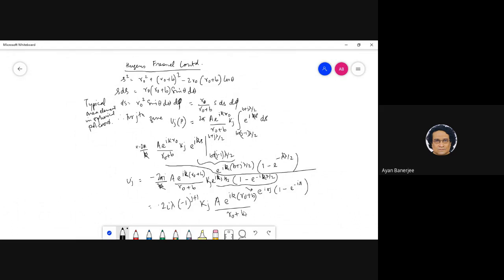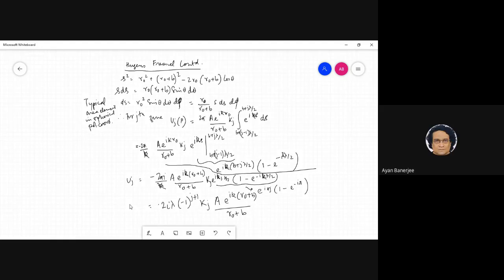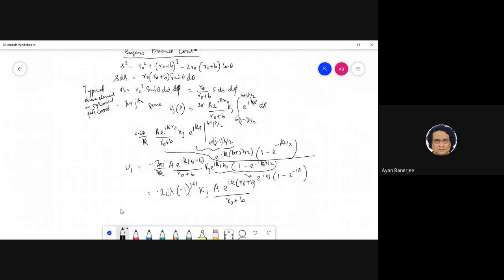Please check this. I think this is correct. Is that correct? Please check. Yes, sir. Okay, then great. Then my u p is just 2i lambda a.